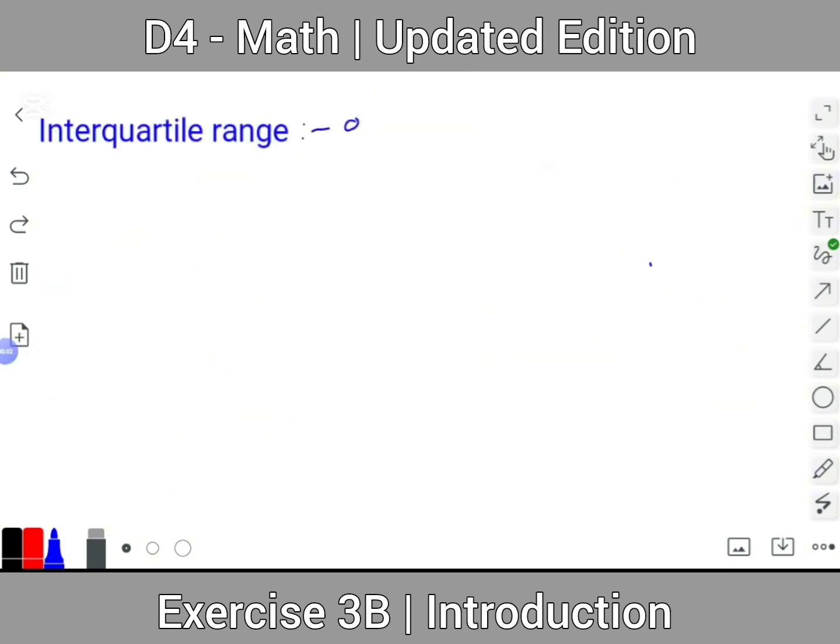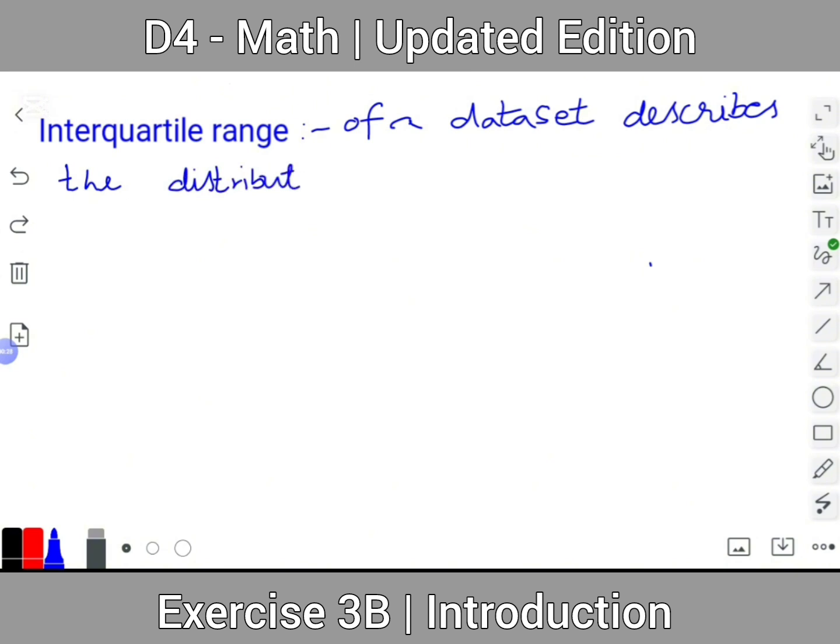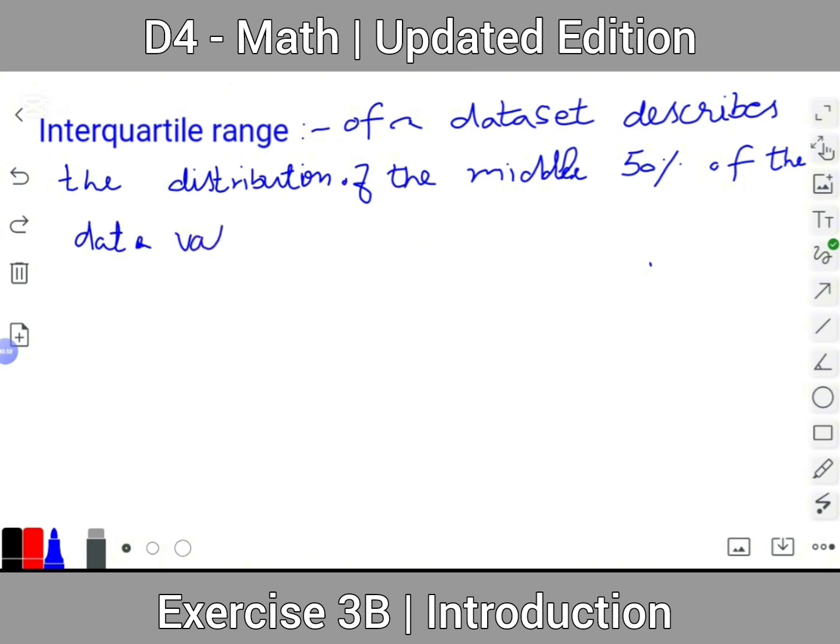The interquartile range of a dataset describes the distribution of the middle 50% of the data values around the median.